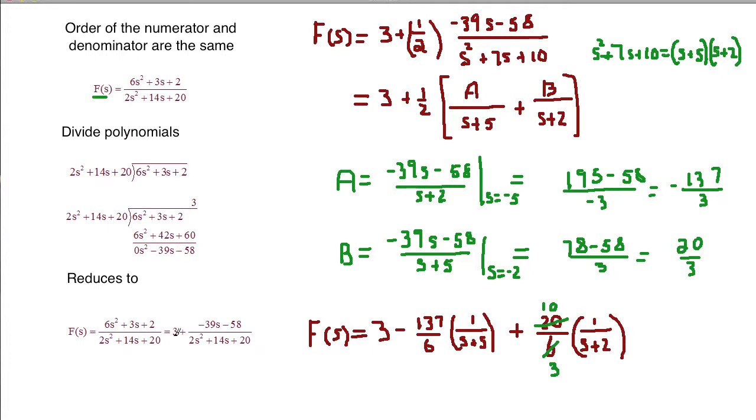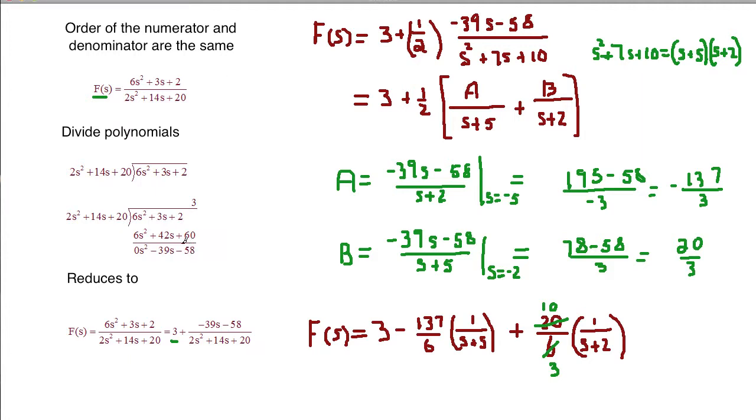It's equal to 3, and the remainder is minus 39s minus 58 divided by the expression by which we are doing the division, that is 2s squared plus 14s plus 20.